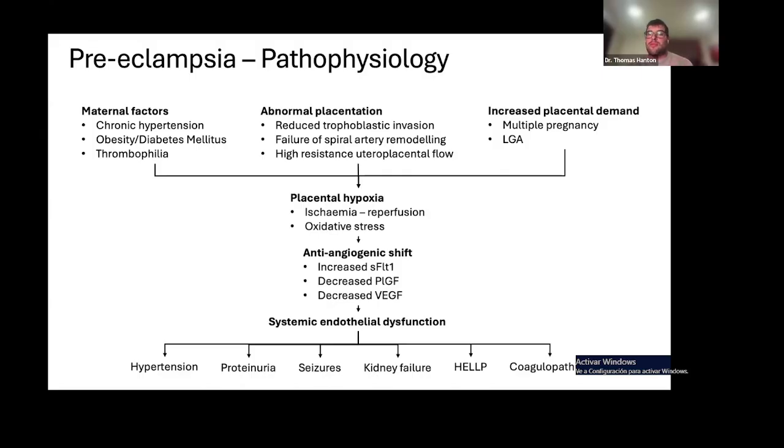There are also problems with placentation that can be caused not from maternal factors, but from increased demand, so things like multiple pregnancy and big babies. And all these things can lead to placental hypoxia and result in angiogenic shifts and systemic endothelial dysfunction, which results in lots of the consequences of preeclampsia.